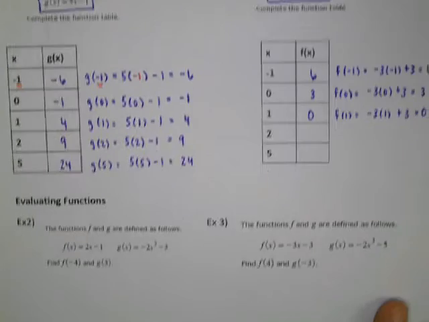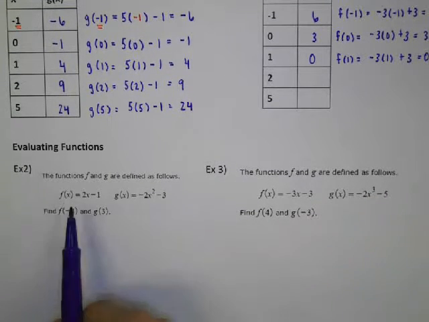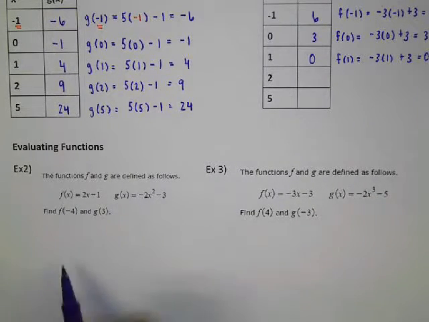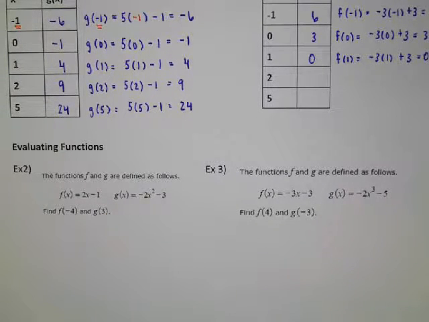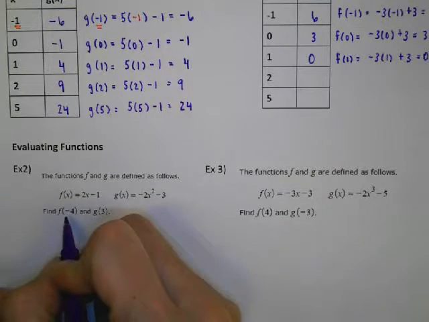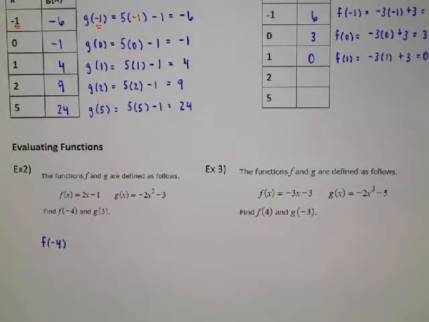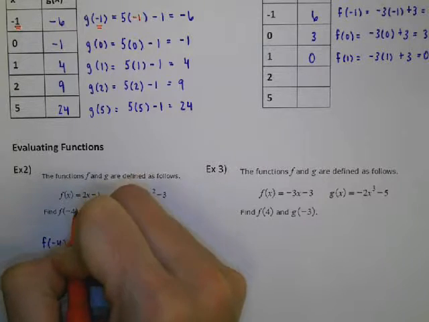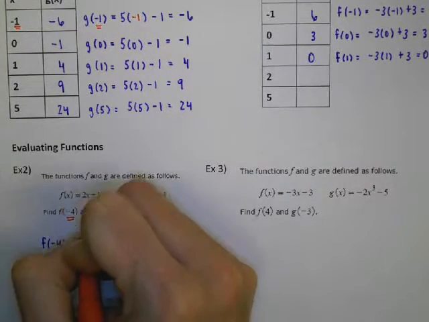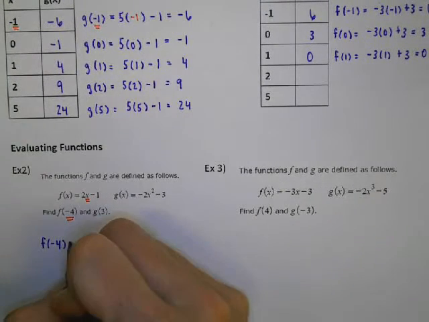Now, the last piece of this, then, is just evaluating functions. So this gives me 2 functions, f and g, and it asks me to find f of negative 4 and g of 3. Again, this is just doing what we were doing in the table. If I want to find f of negative 4, all that's telling me to do is wherever I see x in my original function, I'm going to replace that x with a negative 4.